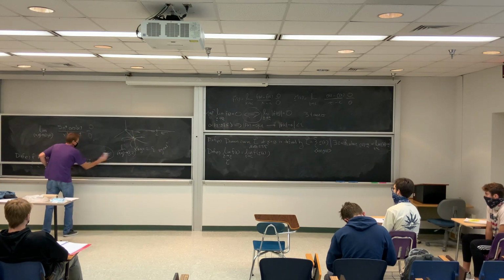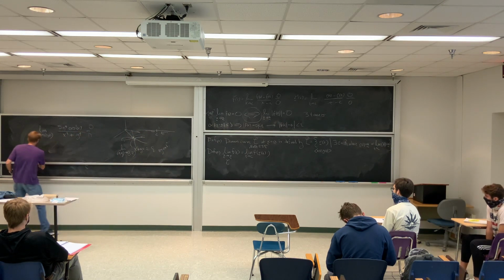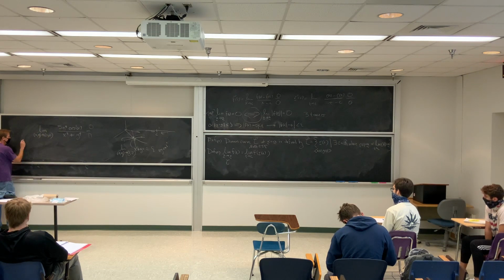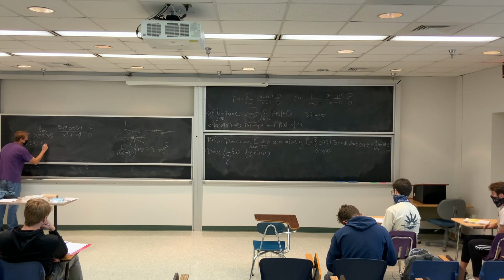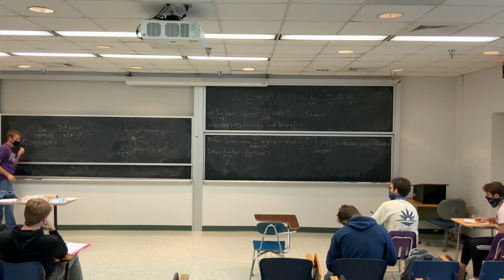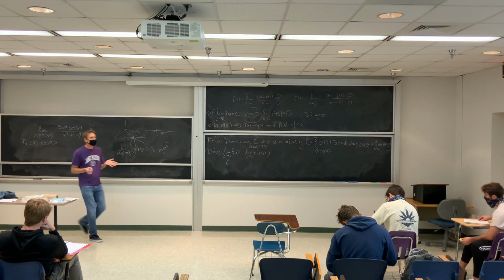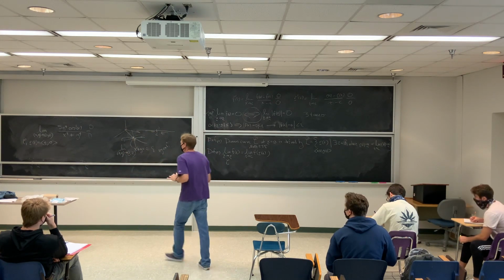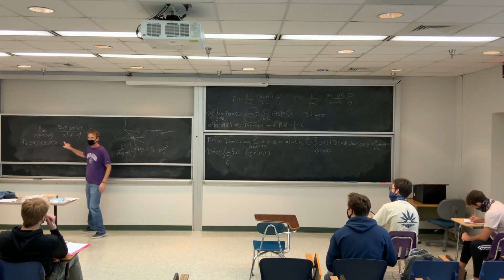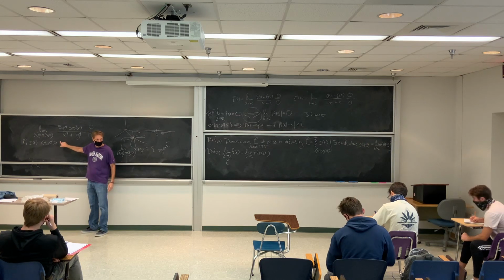The easiest paths, the ones I first try, are these guys. My first domain curve, I let be R of t equals t, 0. Now I've got to ask, is this a curve that would actually hit 0, 0?